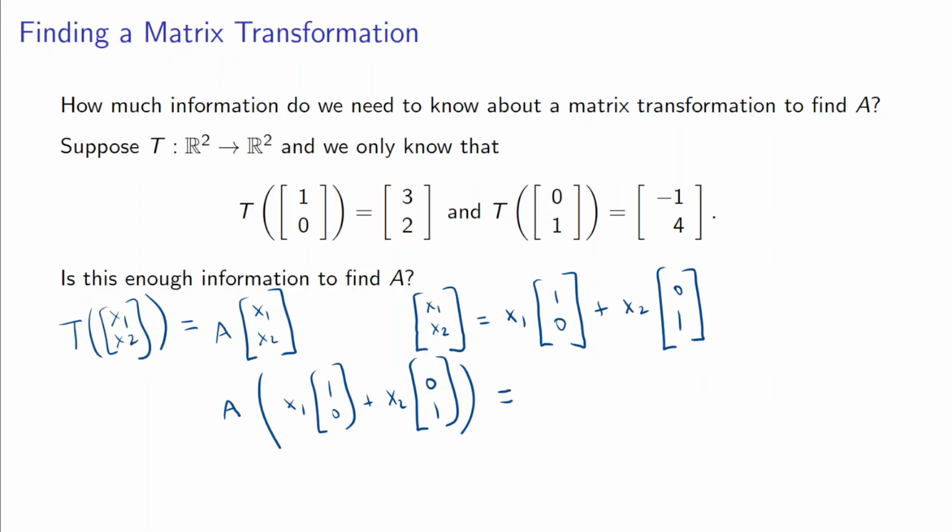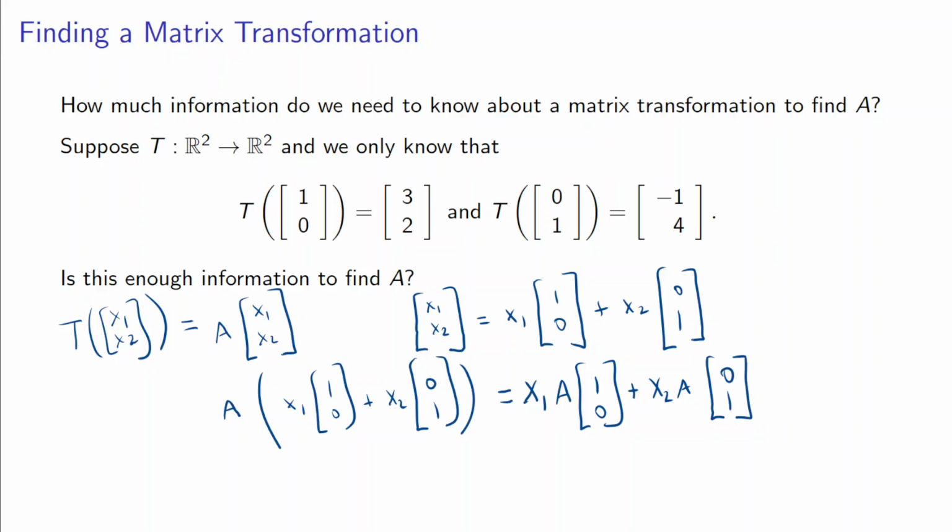But if we go back and look at some of our properties of matrix vector multiplication, we may recall that we can distribute a matrix into a vector sum like this, and also rearrange how the scalar multiplication works. So, using those properties, this can be rewritten as x1 times A times (1, 0) plus x2 times A times (0, 1).